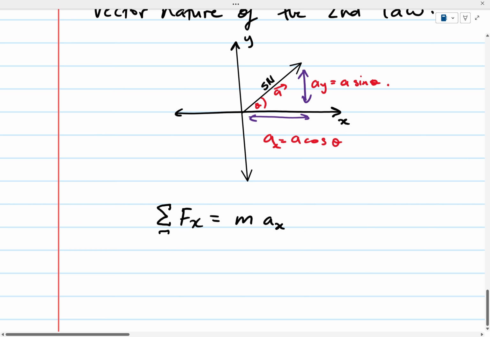And the sum of forces in the y direction is equal to the mass of the object times the acceleration in the y direction. Does this make sense?